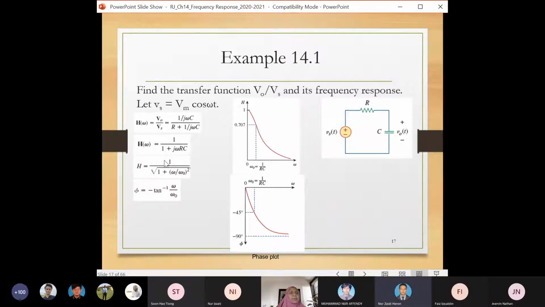This is the magnitude. How to get the magnitude? Magnitude is simply a calculation from, normally, when you have this value 1 over 1 plus j omega RC.